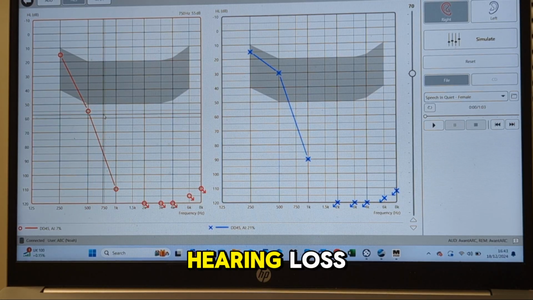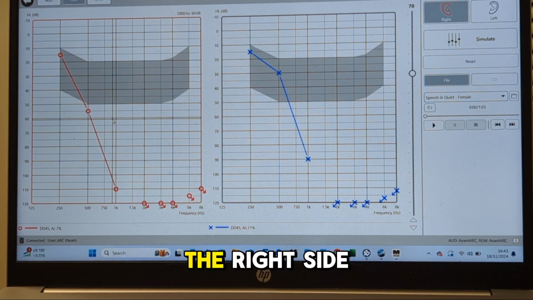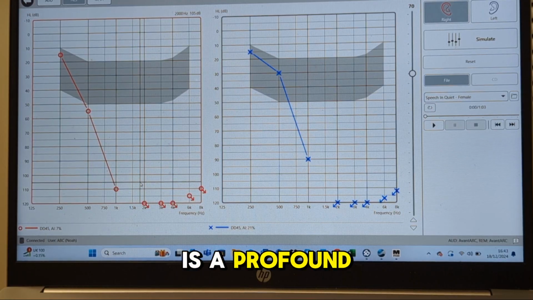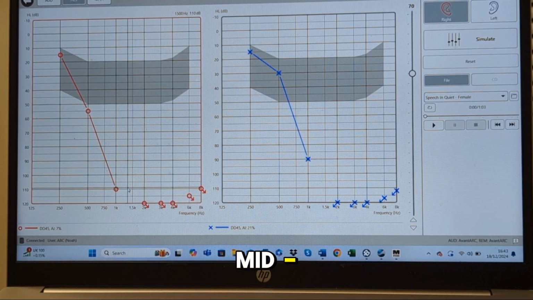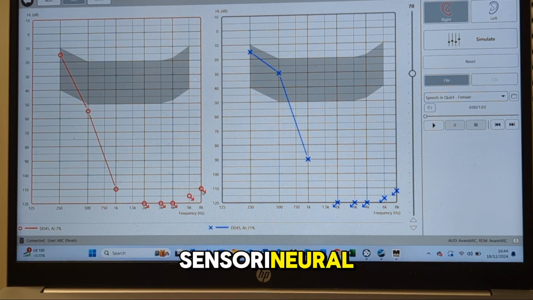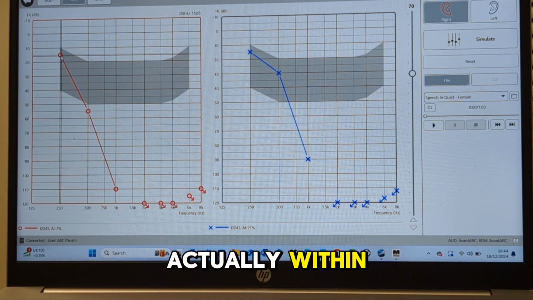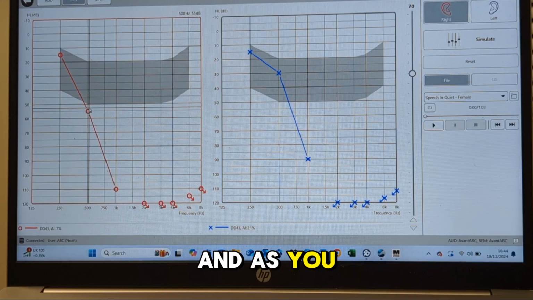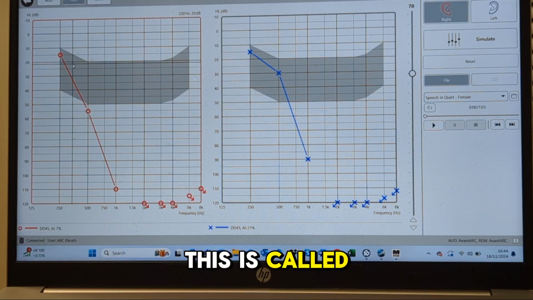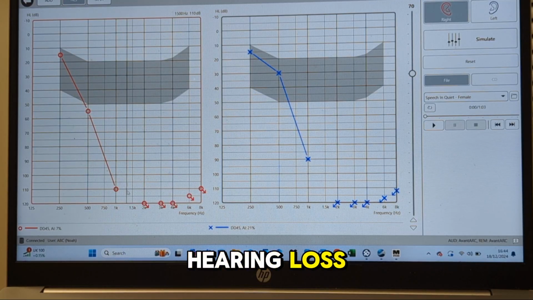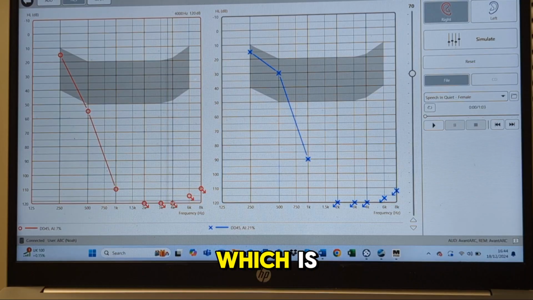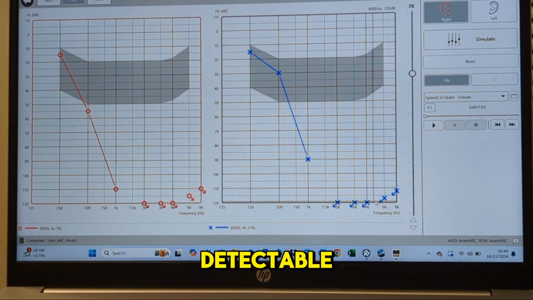The hearing loss that we are seeing on the right side is a profound mid to high frequency sensorineural hearing loss. In the very low pitches, the hearing is actually within normal limits, and then it steeply declines. This is called a ski slope hearing loss, with likely cochlear dead regions, which is this area here, where there is no detectable nerve function.